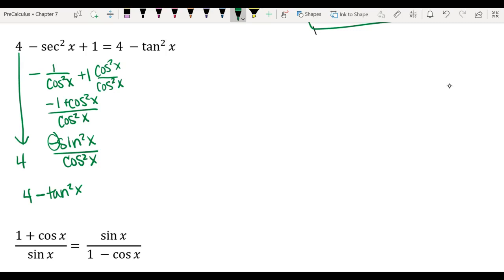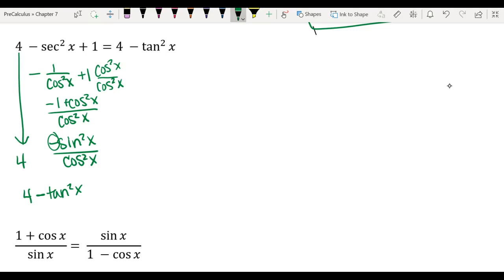All right, so this one, you have 1 plus cosine of x over sine of x equals sine of x over 1 minus cosine of x. Okay, what did I say you're going to see today in your problems? So, conjugates. Do you guys see how this is a plus and this is a minus?